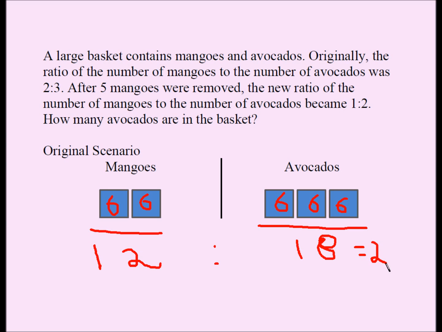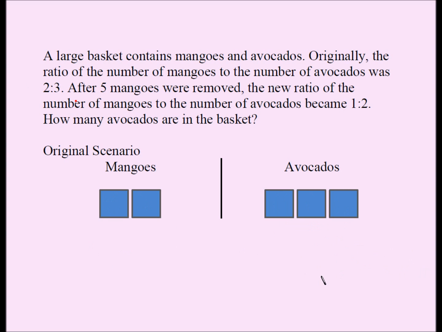So you have to understand the concept. The catch is, I don't know what each box is worth. I'm really trying to find out. All right. So that's the basic concept. I believe most of you understand that.